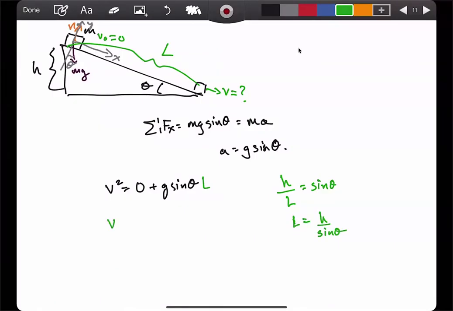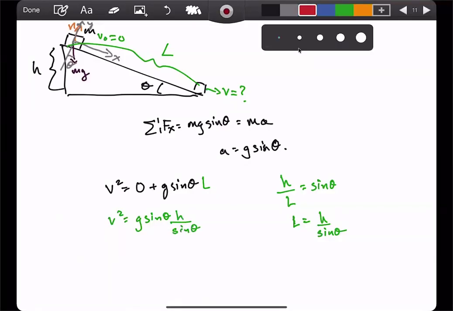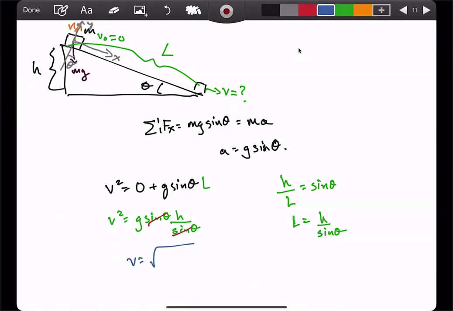So my final velocity squared is equal to g sine theta times h over sine theta, which means the sines cancel. So finally, my final velocity is equal to the square root of g times h. That is my velocity by the time it reaches the bottom.